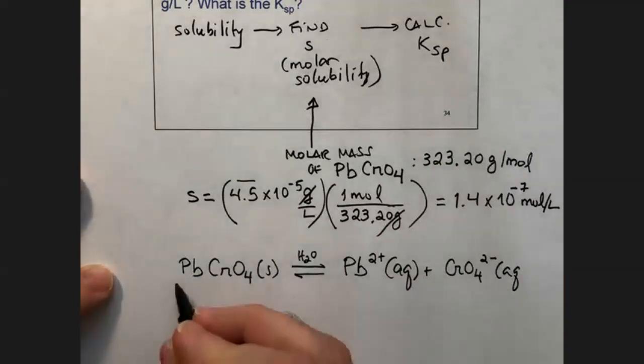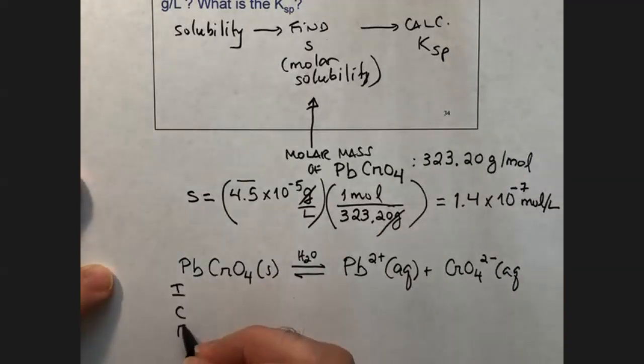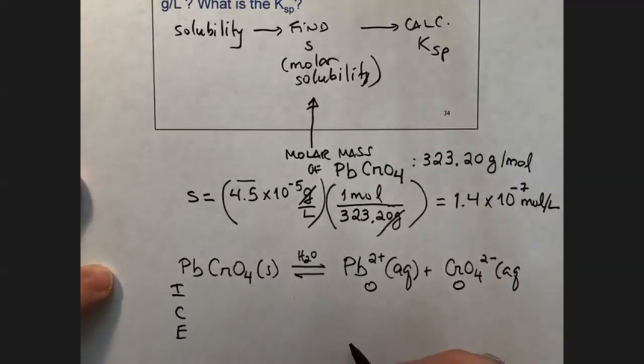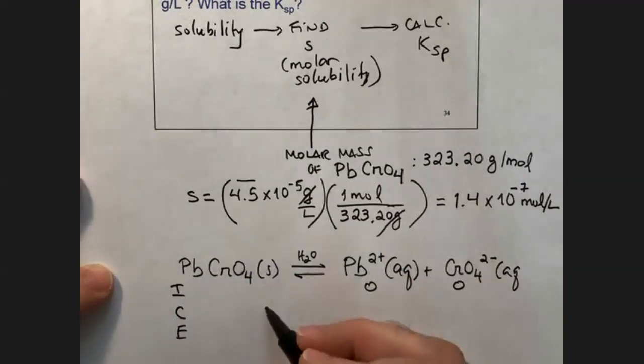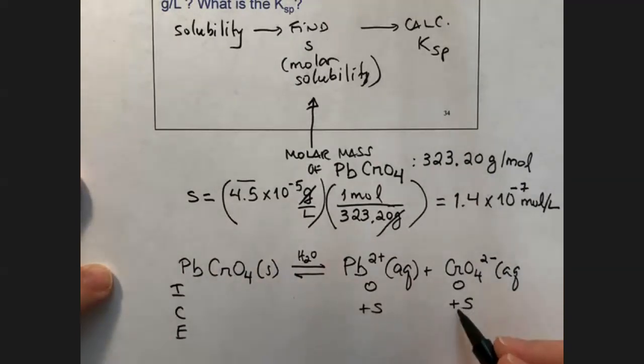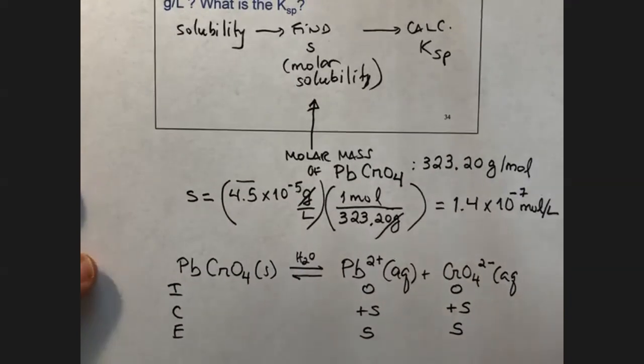And again, we can do a mini ice table here. For however many moles per liter of lead chromate dissolve, you're going to form S moles per liter of each ion, which means that at equilibrium or at saturation, you would have S moles per liter.